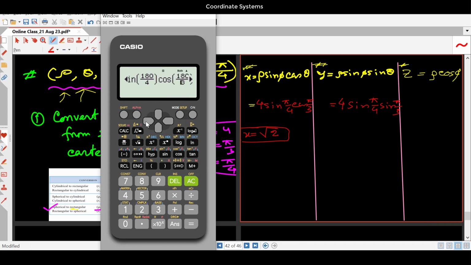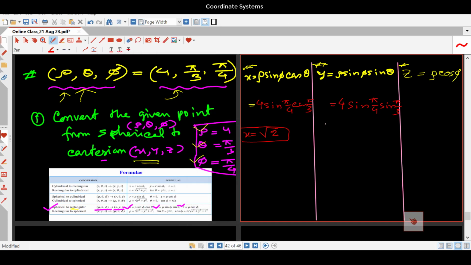Instead of cosine we have sine here. Have a look: rho sine phi sine theta. So the result that we can see is root 6. So y equals root 6.